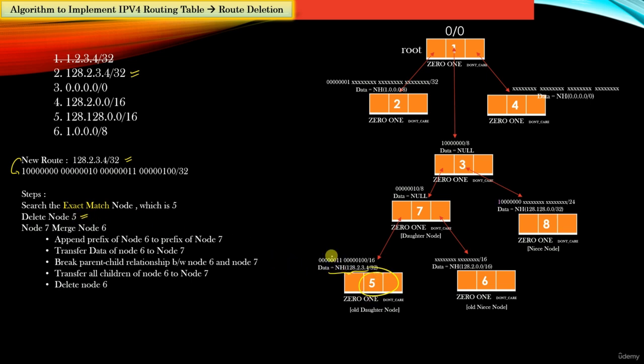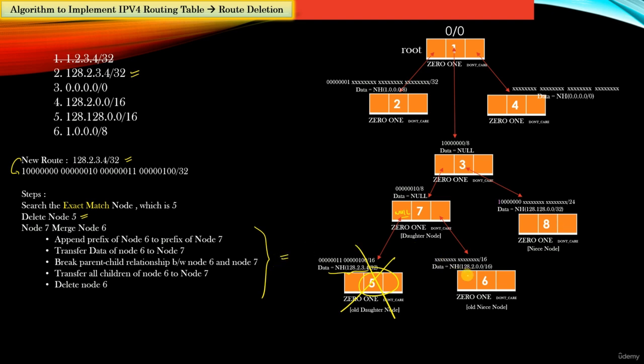So straight away delete node number 5, and adjust the pointer of the parent node to point to null because its child has been deleted. And now node number 7 has become a half node, therefore node number 7 will execute the merge algorithm. So again these steps will be executed.